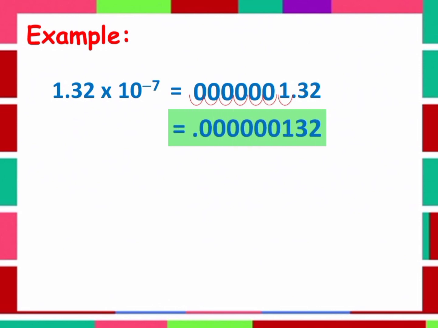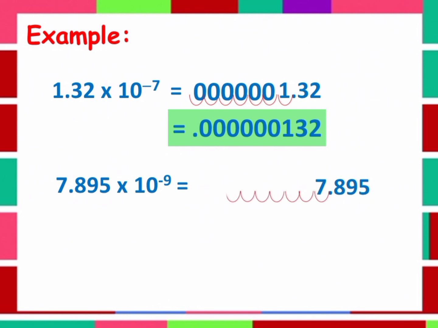Okay? Another one. Again, the exponent is negative, so we move the decimal point to the left. Now, copy the first factor. Then, move 9 places to the left: 1, 2, 3, 4, 5, 6, 7, 8, 9.